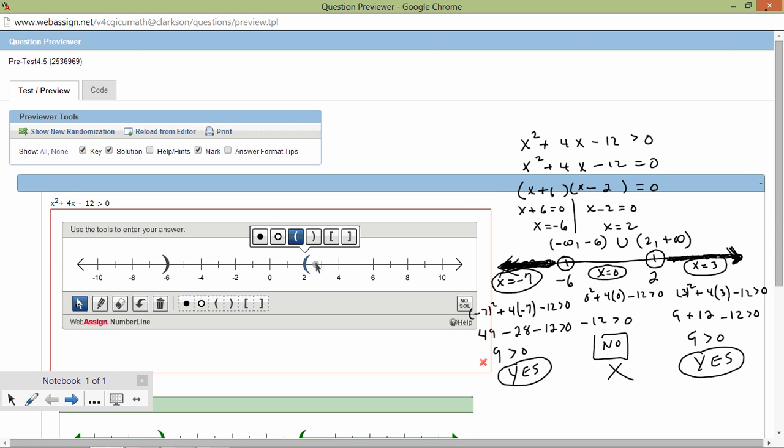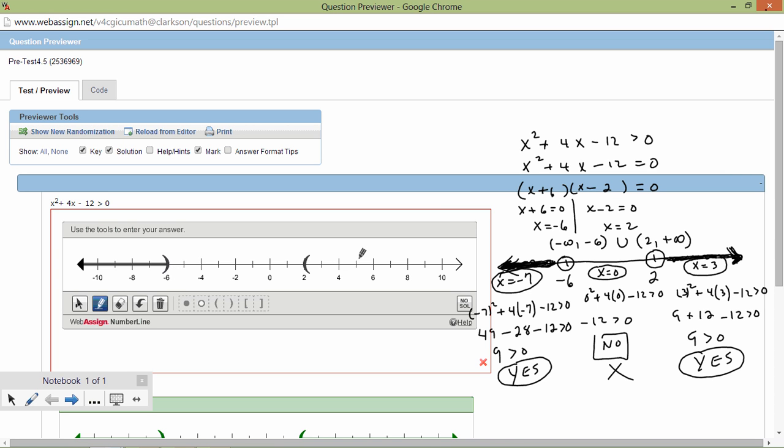Then from there, all that's left to do is shade to the right of 2 and to the left of minus 6. So I go down and grab this tool right here, which looks kind of like a pencil, and when you get in the interval below minus 6 and click in there, it will shade that region to the left of minus 6.